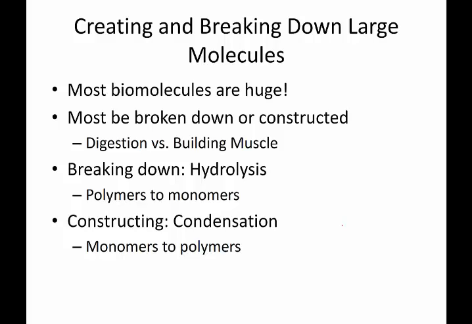So as your lab manual points out, using the word macromolecule, you can think of these biochemical molecules or macromolecules or biomolecules, what have you, are all very, very large. So biomolecules are huge, huge chemical molecules, and they must be broken down or constructed in one way or another.